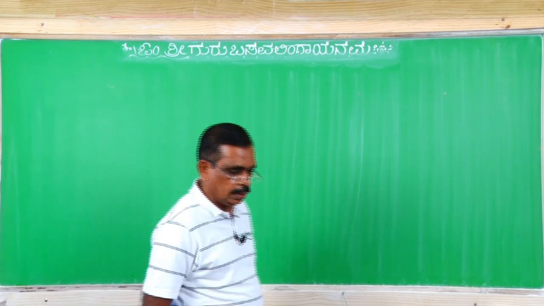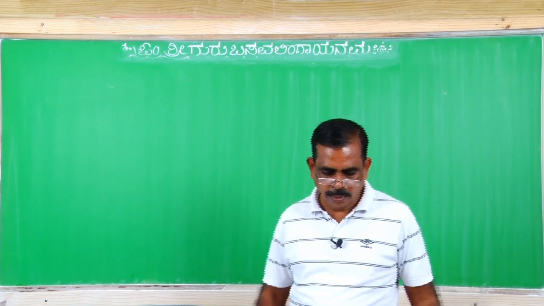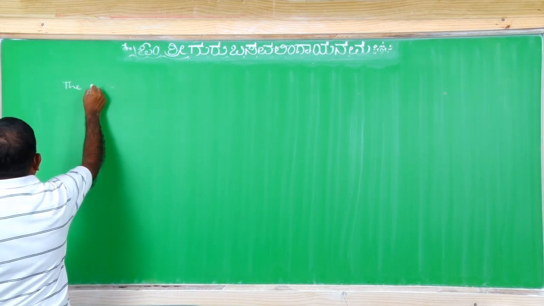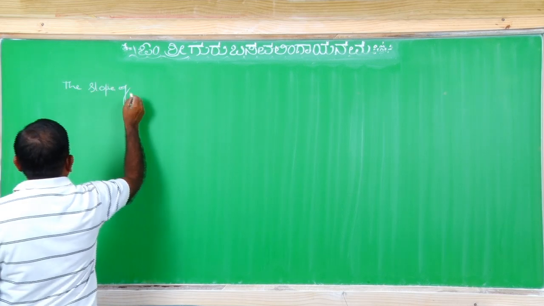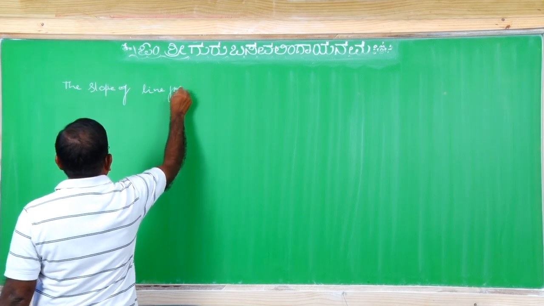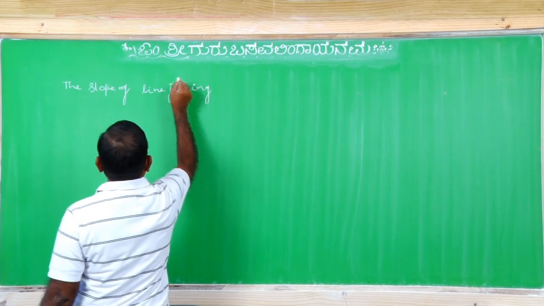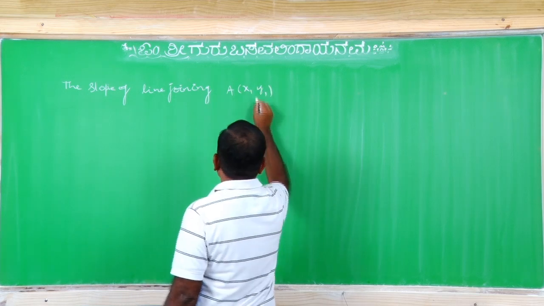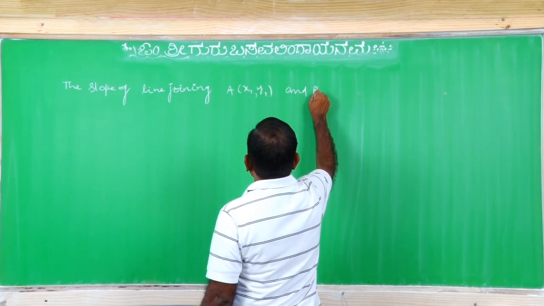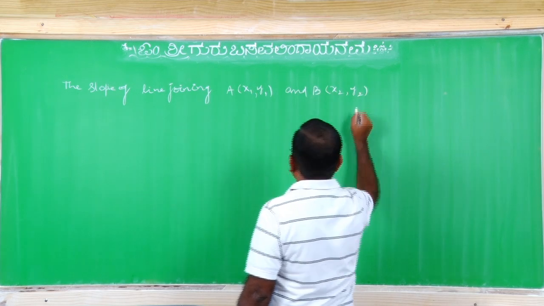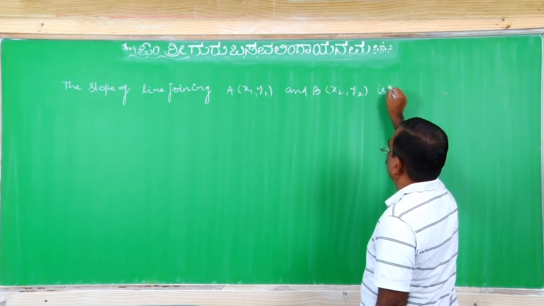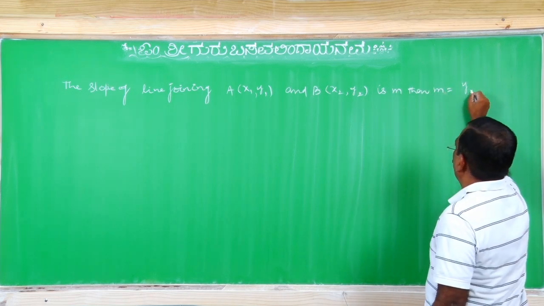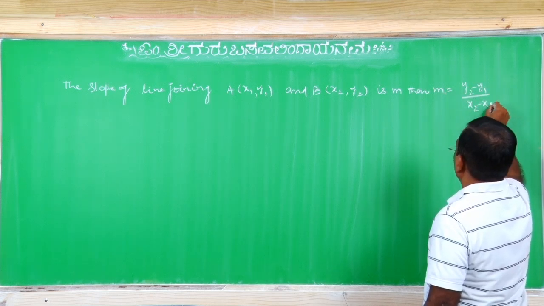Write down first. The slope of line joining A x1 comma y1 and B x2 comma y2 is m, then m is equal to y2 minus y1 by x2 minus x1.